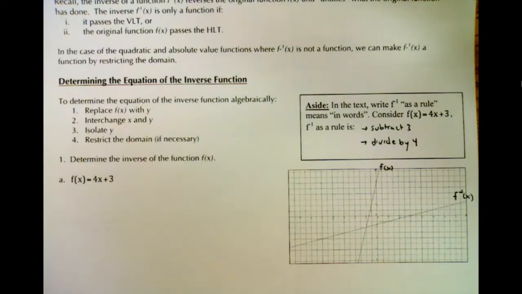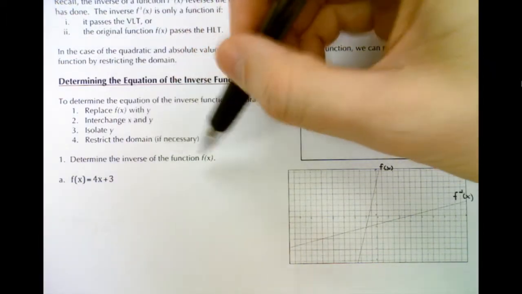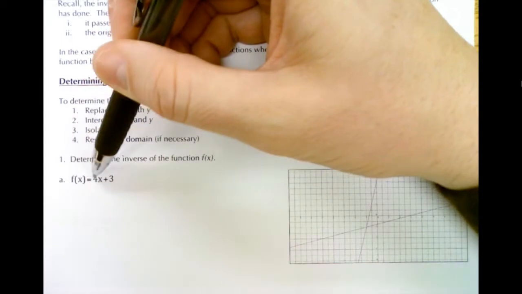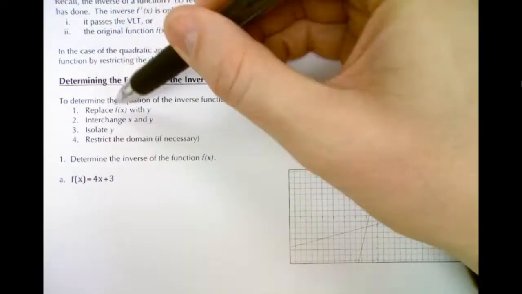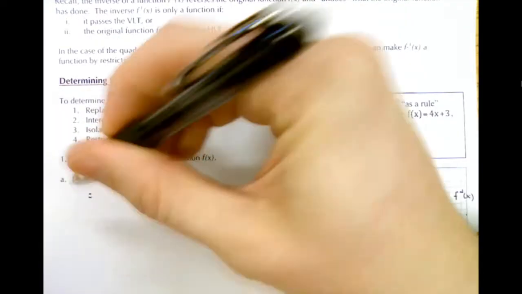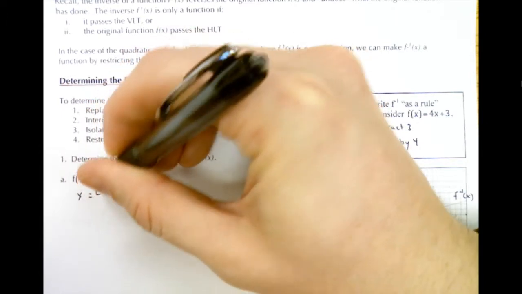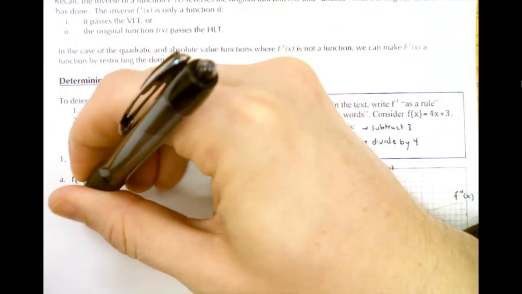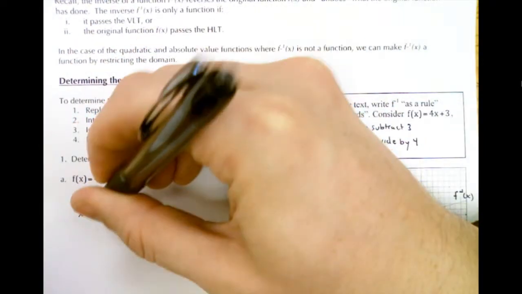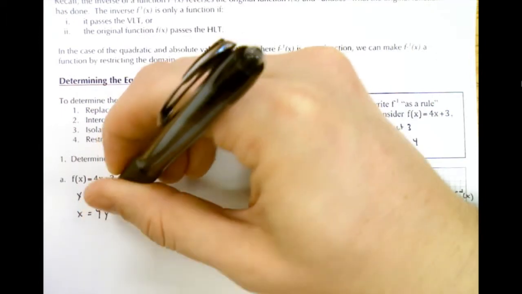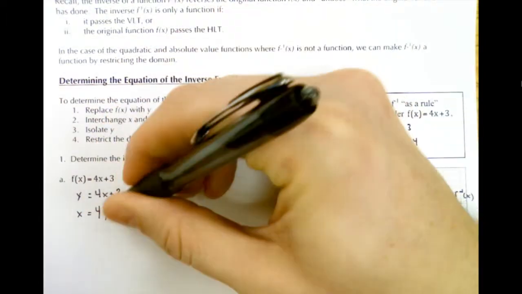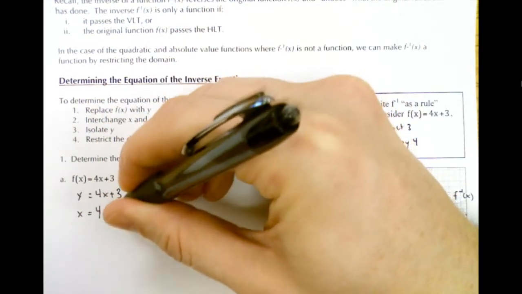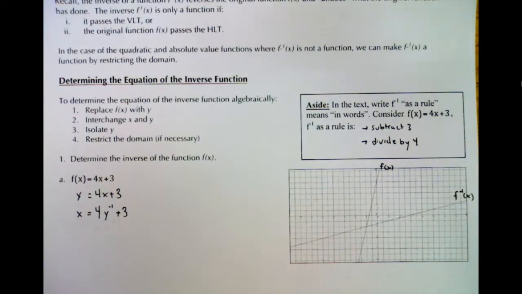So here we go. Determine the inverse of the function f of x. Here's our f of x equals 4x plus 3. We're going to replace the f of x with y to make our notation a little bit easier. And then we're going to swap x and y. And when we swap y, we're going to change it into y inverse. And now we're going to isolate for y inverse.